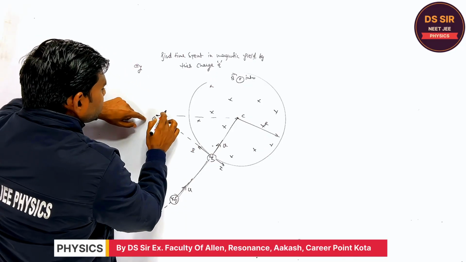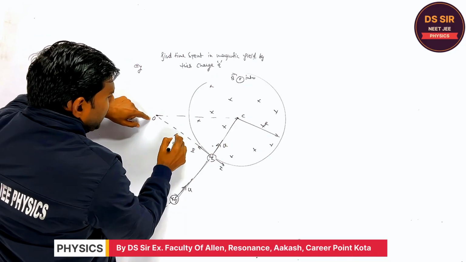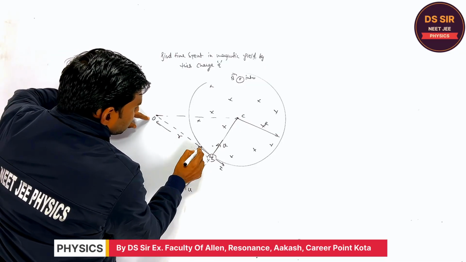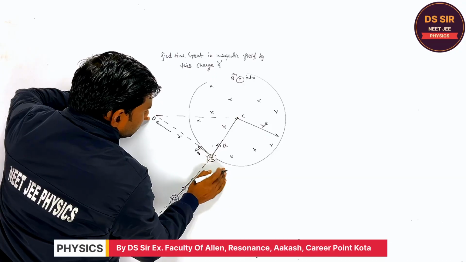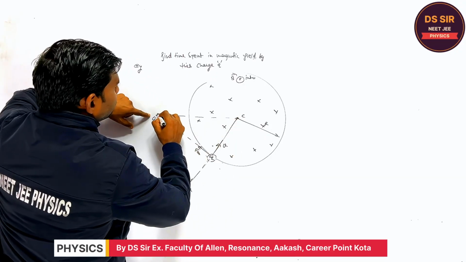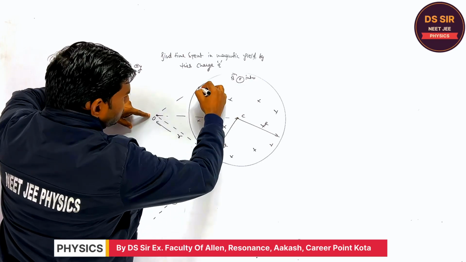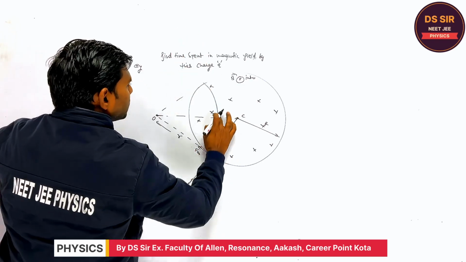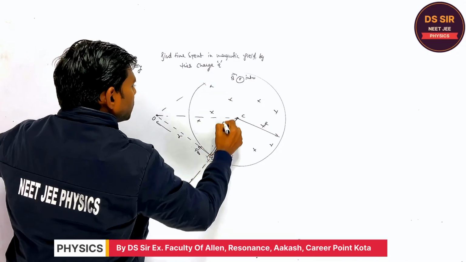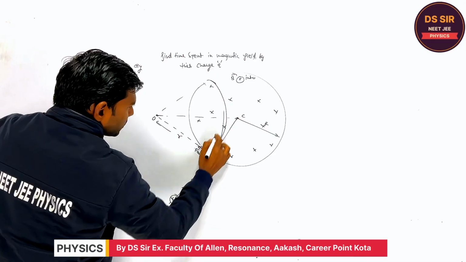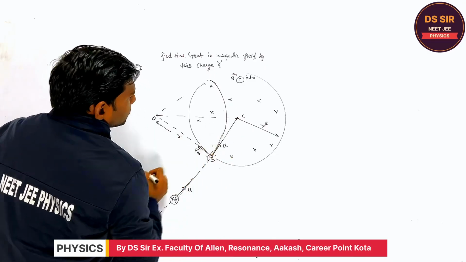So if this is the center of the circle and this is the radius, around this it will perform circular motion like this, under the magnetic force.